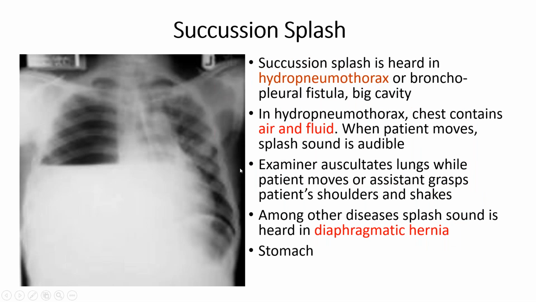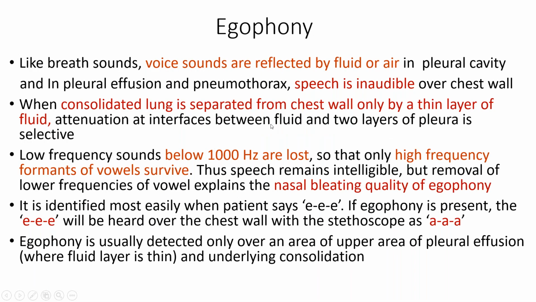Because in the vowel E, there are formants, that means double frequencies: the lower is about 400 hertz and the uppermost is about 2400. There is a lot of difference.